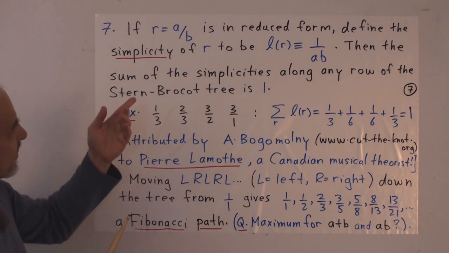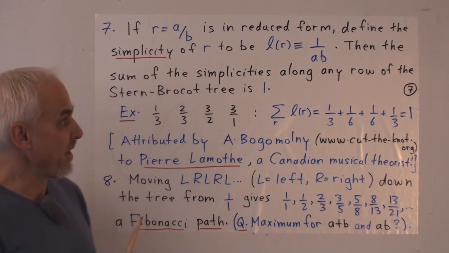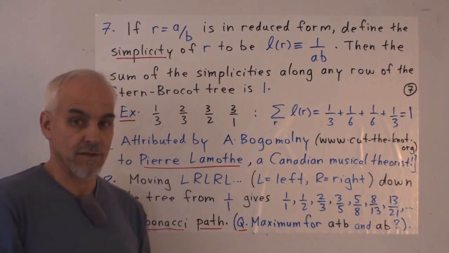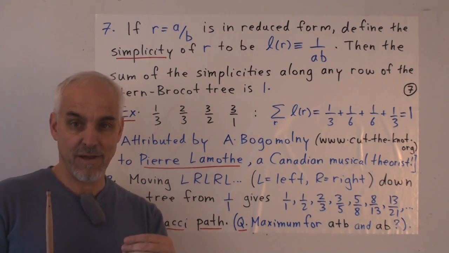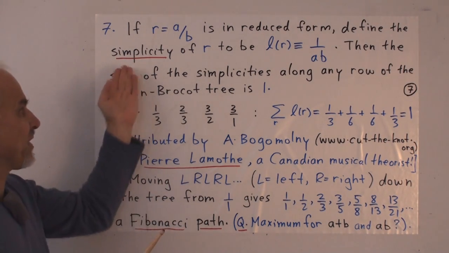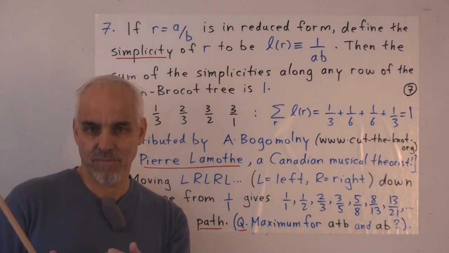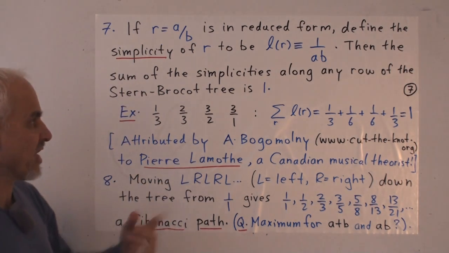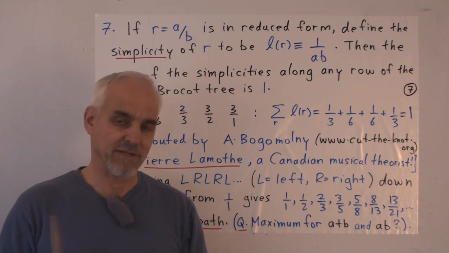So if the numerator and denominator are big, then a times b is big, and 1 over a times b will be a very small number, close to 0, which means that its simplicity is very small. It does not have a lot of simplicity, which might suggest that we should call a times b the complexity, which makes a lot of sense.